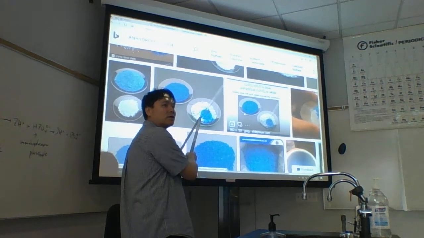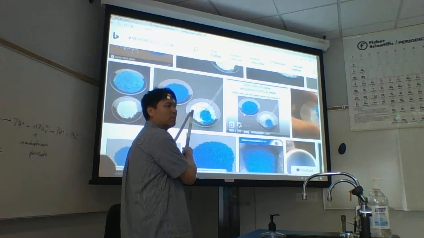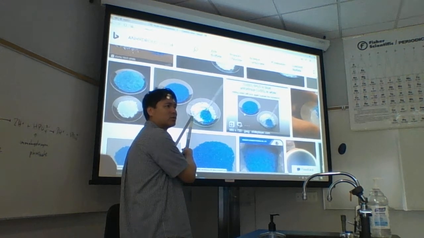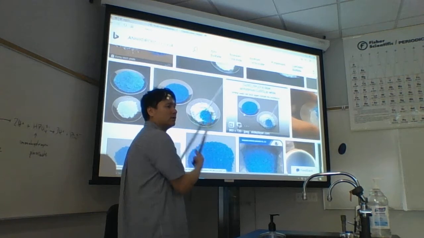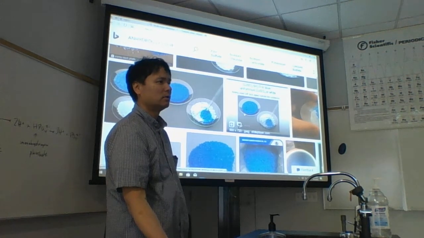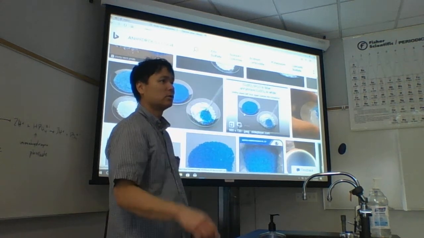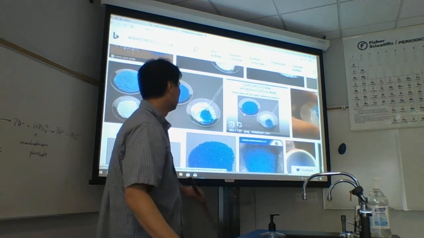You can make the anhydrous form, stick it in the oven at 100 degrees or so, and come back a couple hours later, you're going to have the anhydrous form. But if you leave the anhydrous form sitting on the counter, what's going to happen? It's going to pick up moisture from the air and rehydrate.